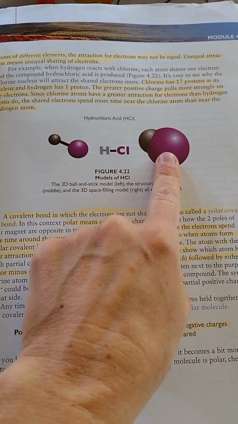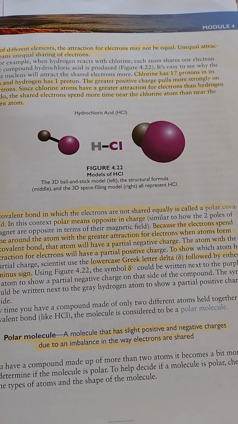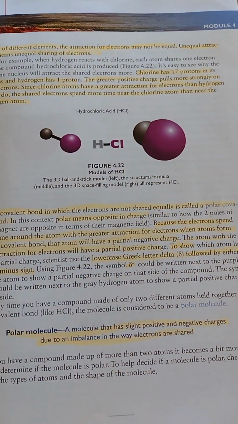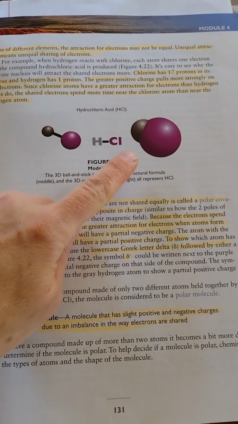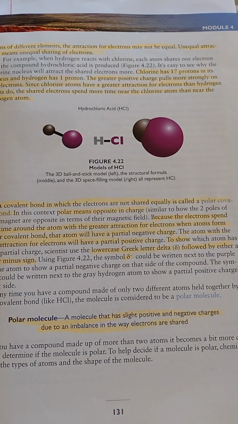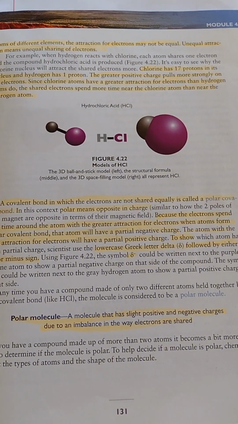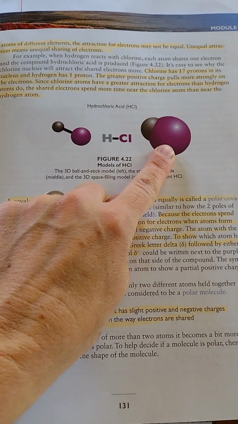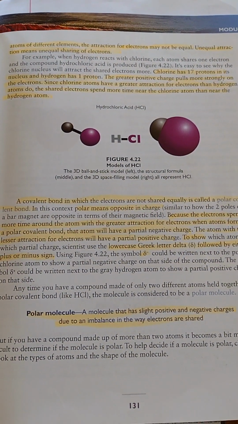Obviously chlorine has more protons in its nucleus. And so they're going to make that bond, the hydrogen and the chlorine, but the electrons are going to spend more time near the nucleus of the chlorine atom. It's shown with this ball and stick diagram as this being larger here.